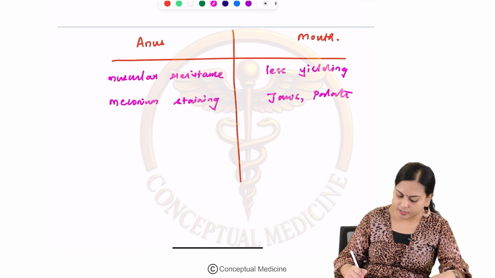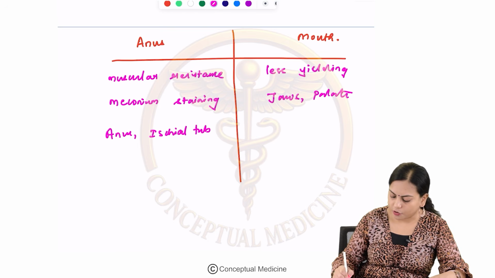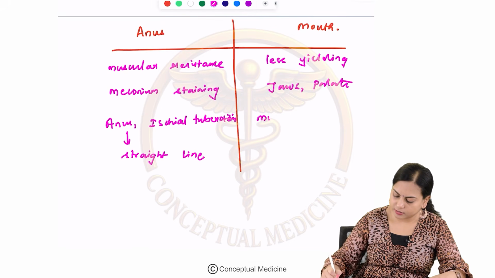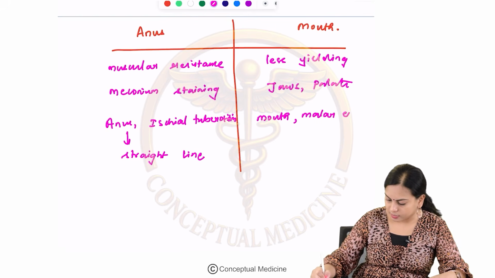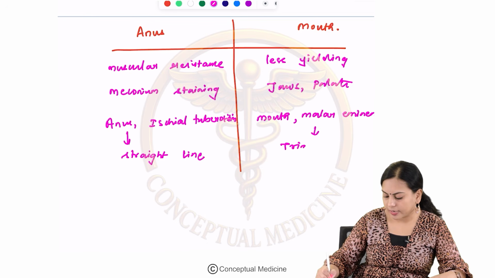And the third point is that the anus and ischial tuberosities are going to form a straight line, okay? And the mouth and malar eminences are going to form a triangle shape.